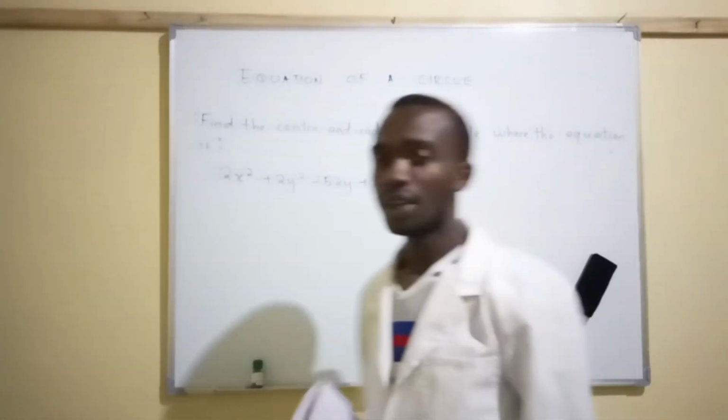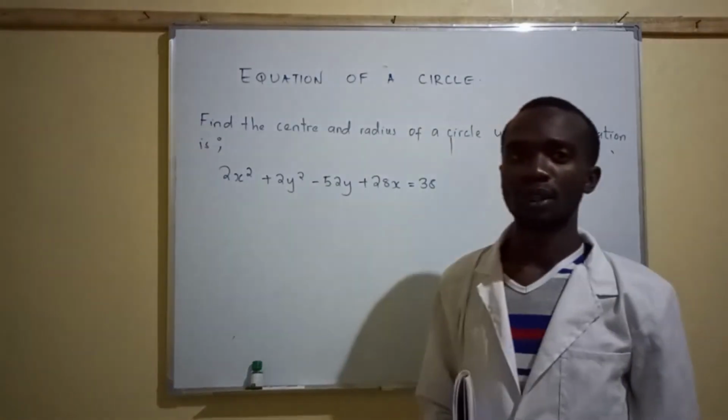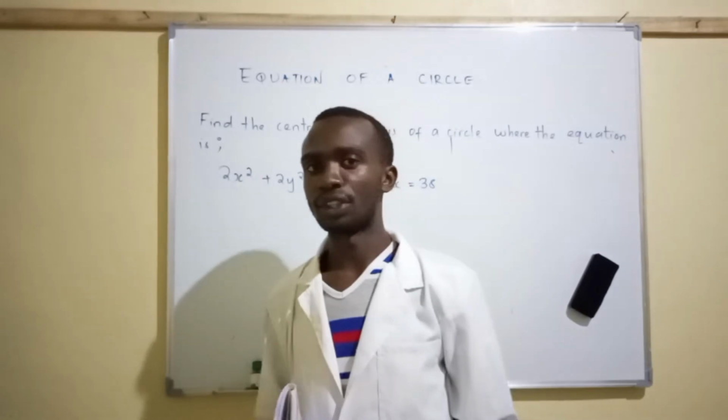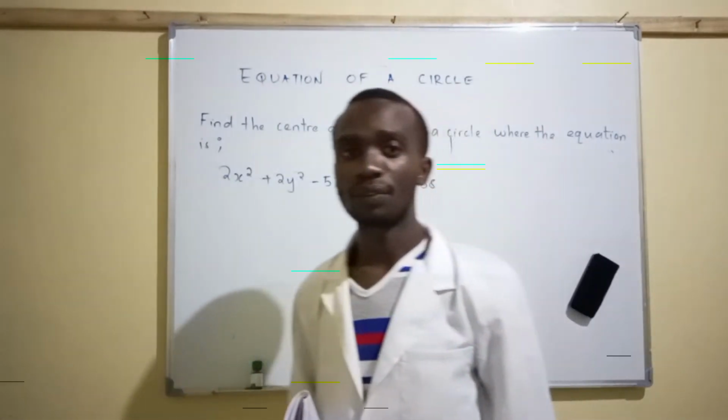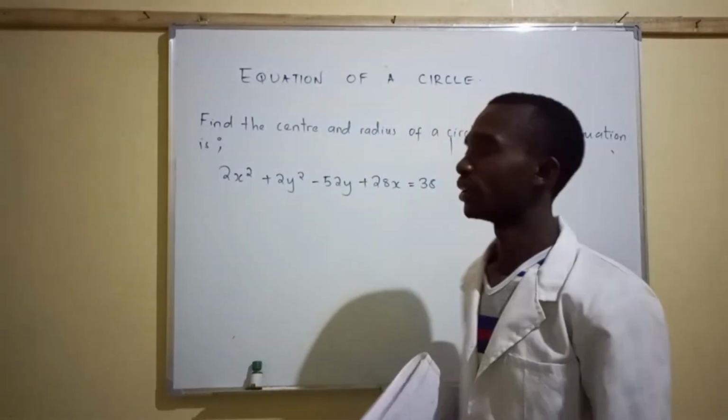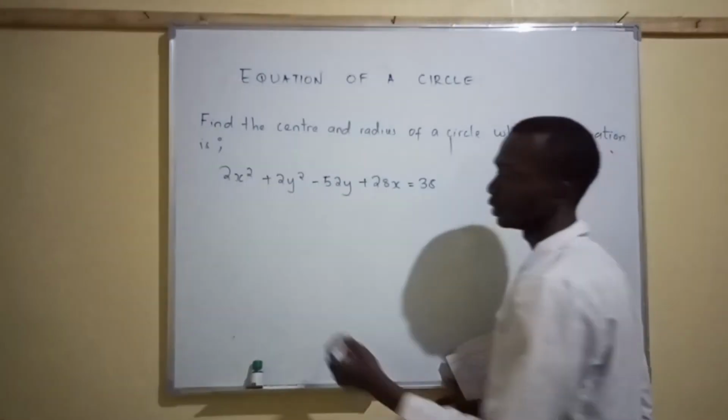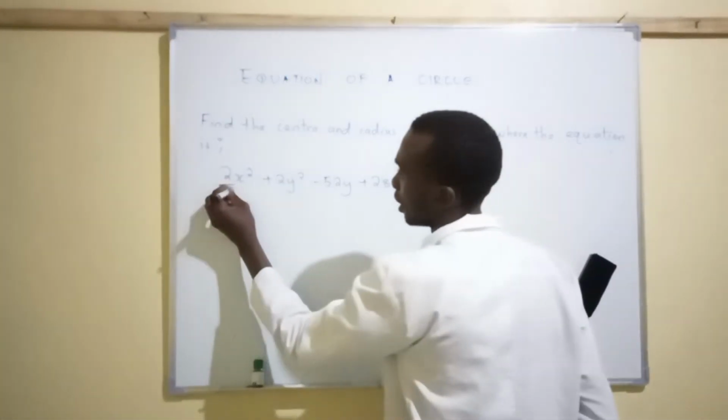Now, one of the most common things that we need to do is to make the coefficient of x² and y² to be 1. So to do so, we divide everything by 2.